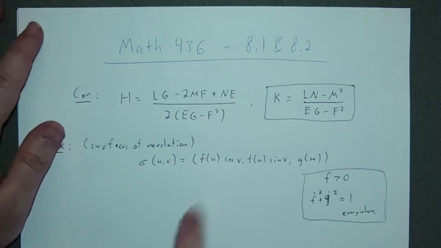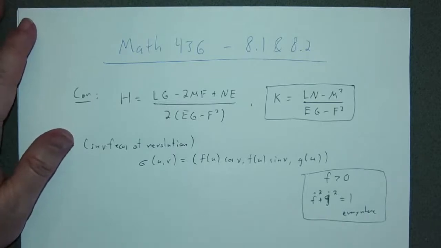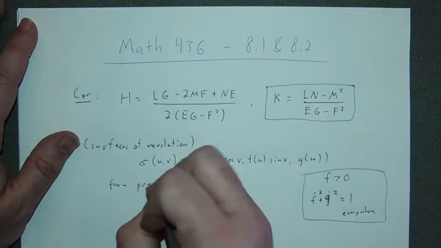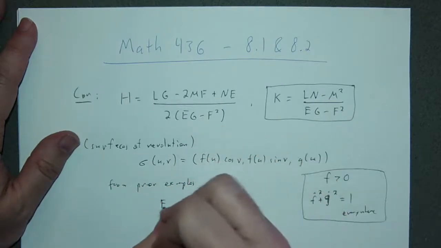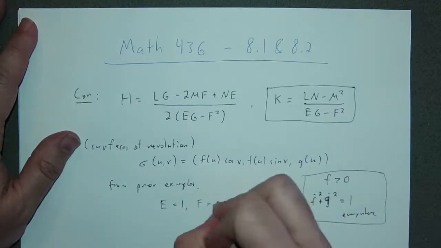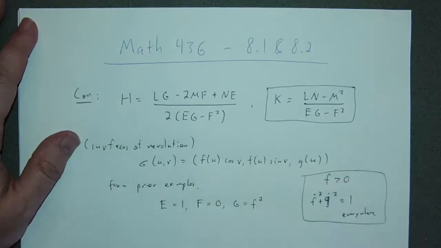Now, we have already worked out E, F, G, L, M, and N from previous examples. E was found to be 1, F is 0, and G was found to be f squared.